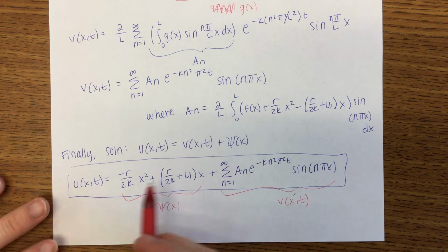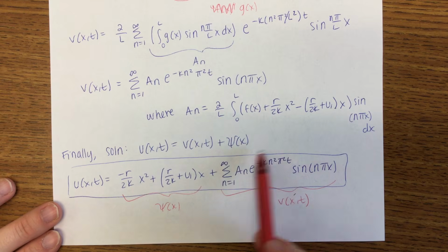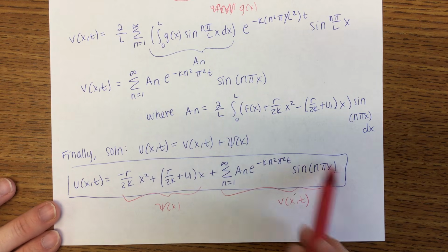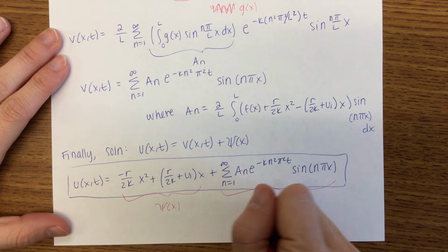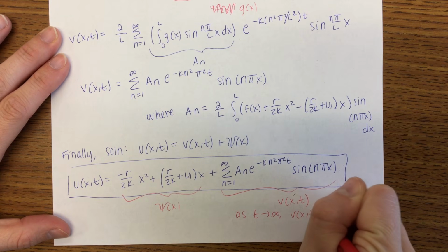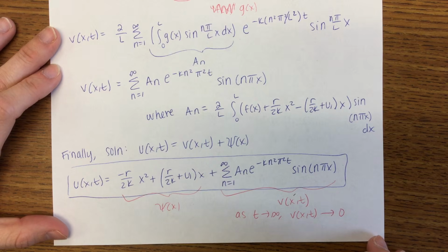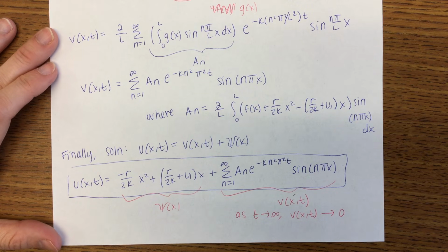Okay, 2 questions. What happens to this term as t goes to infinity? So what happens to v of x,t as t goes to infinity? Goes to 0. So as t goes to infinity, v of x,t goes to 0. What is v of x,t called then? The what solution?